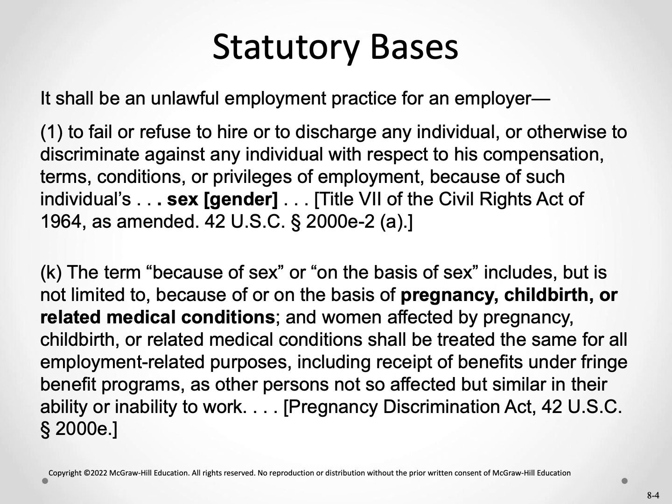And that's the amendment to Title VII, which was the Pregnancy Discrimination Act. Even though it's really considered a separate act, it was technically an amendment to Title VII. So you can see here, right?